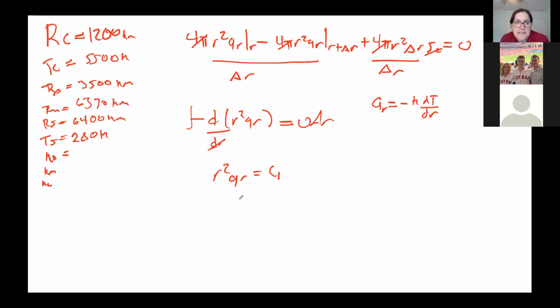And then the second part is you need to have, so basically that's your continuity of flux at any boundaries of different materials. And what's going to be then how these k0, km, kc will come into play is that this qr that you have, it's a minus constant dT/dr, right? Derivative of temperature. Mhm. And that constant k is different in every different material.